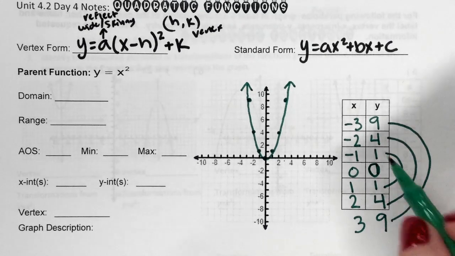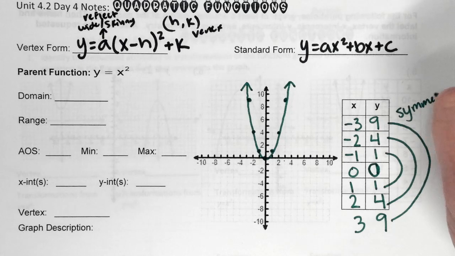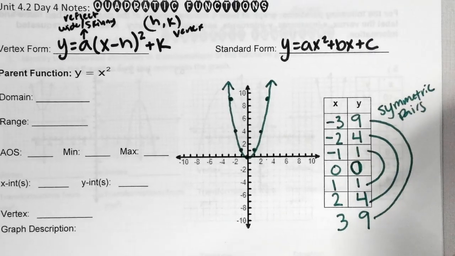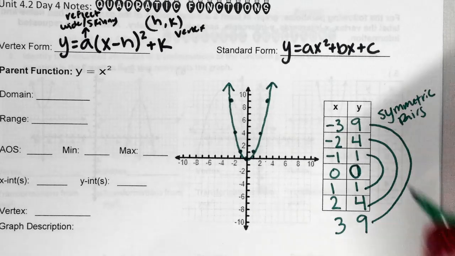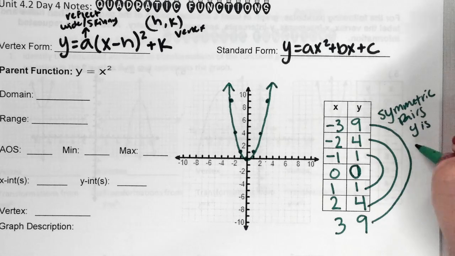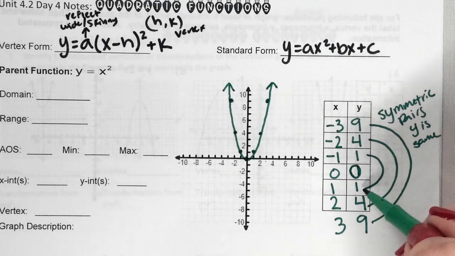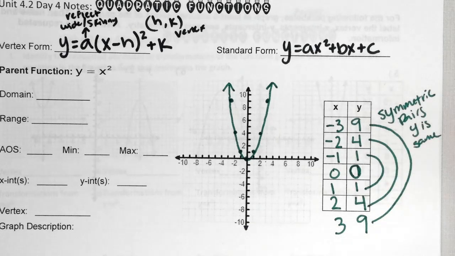Now, this rainbow represents our symmetric pairs, or symmetric points. It can be called a couple different things, but it always will say symmetric, yes? And another way we know they're symmetric is when the y is the same. Don't these both have 1, 1, 4, 4? Isn't it the y that's matching?